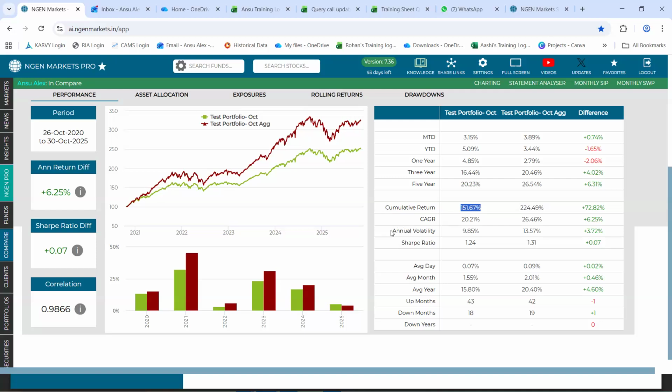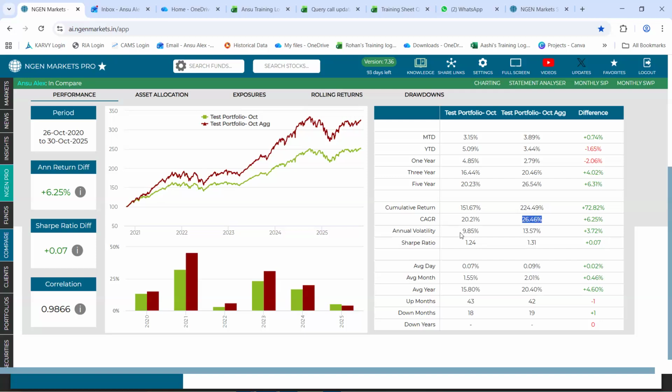Now, the next highlighting feature that you can view here could be the volatility. As I highlighted, the purpose of this portfolio that I selected was because my client was aggressive. So, since he was aggressive, he might be okay with taking in a higher level of risk if it comes up with a higher level of return.